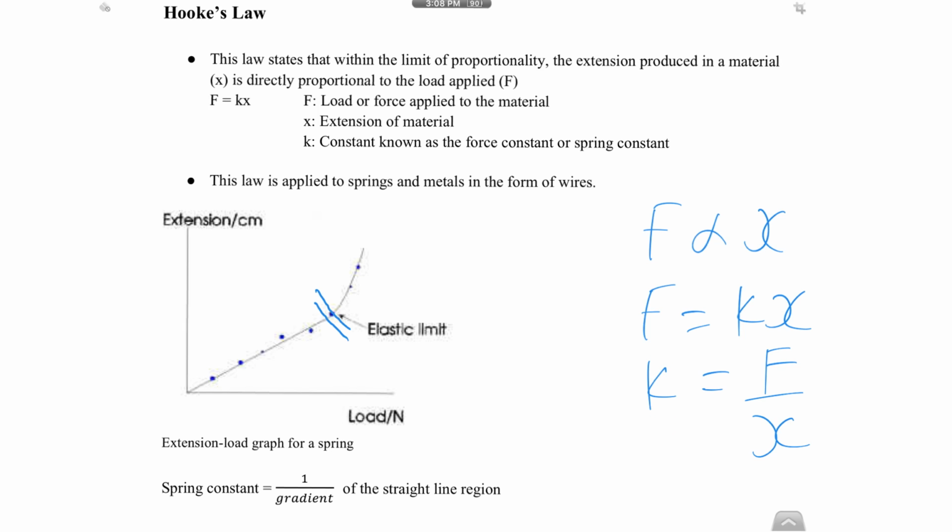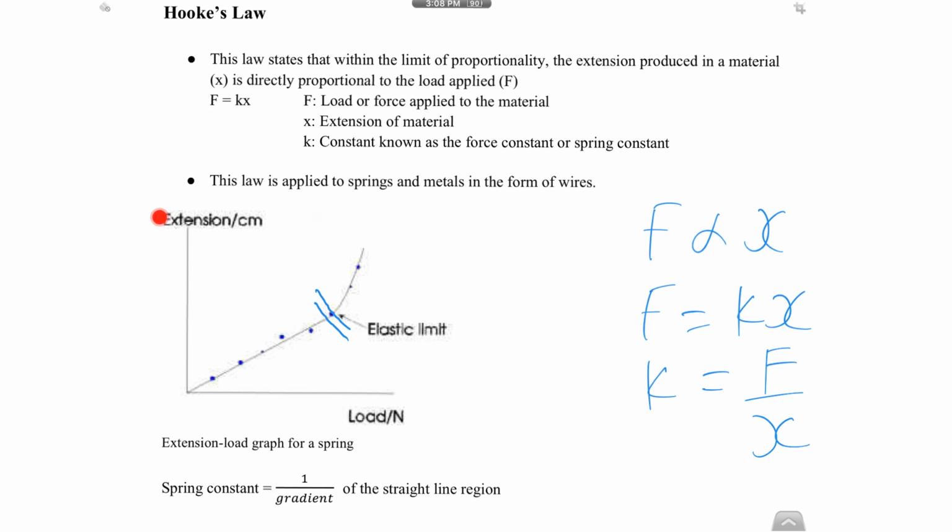But if you're stretching a wire, let's say a thin copper wire, then k here is called a force constant. So force constant is a general term, and spring constant is specifically for springs. If you're using a long piece of wire, you don't call it spring constant, you call it force constant. But it's the same formula, F over x.